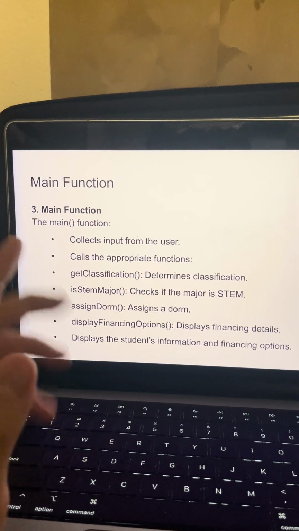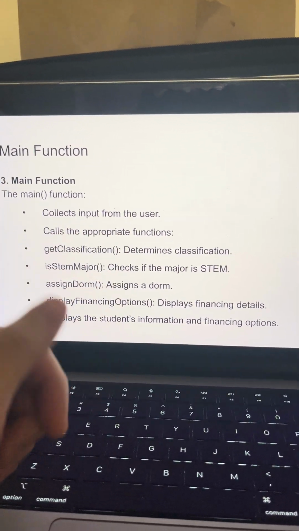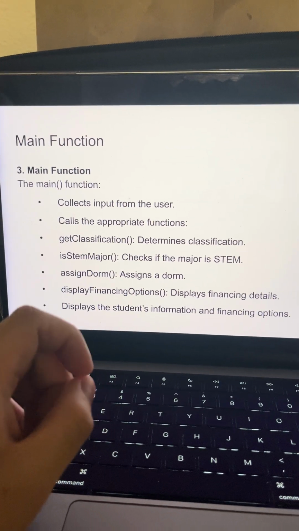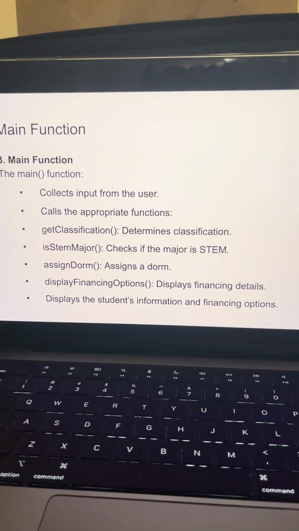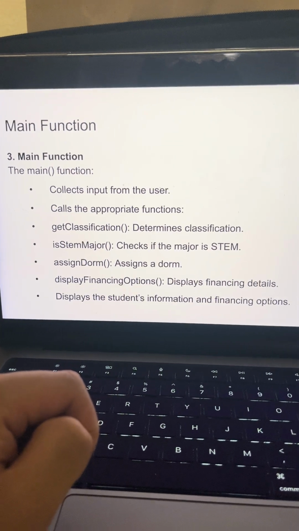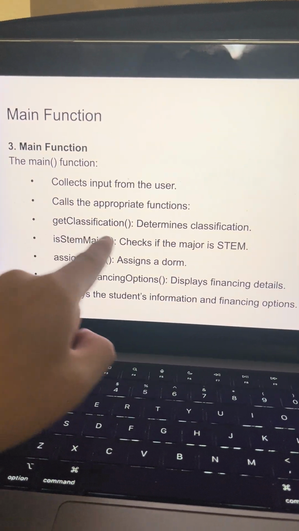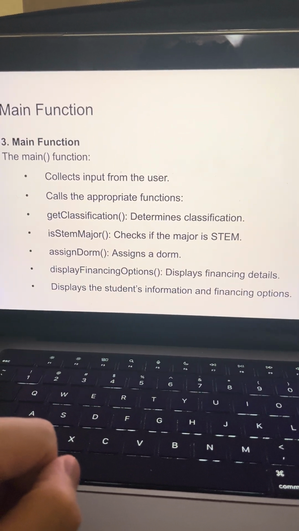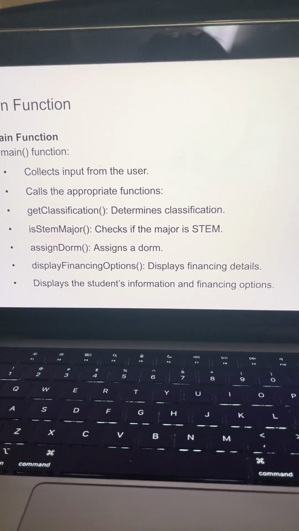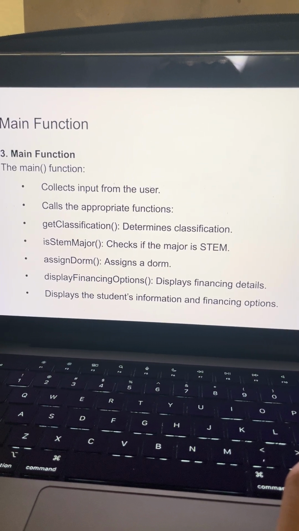This is where the program collects data input and gives the information as I define it in the main function to the functions that I defined before the main function, and it'll determine the classification, their major, their dorm, and it'll give their financing details, and it'll display information using these functions and the values determined through data input.